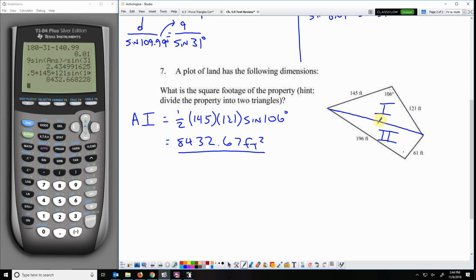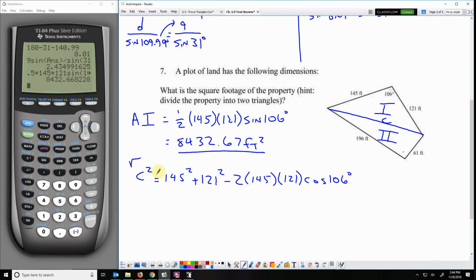Okay, so we'll call this C. I can do C squared equals 145 squared plus 121 squared minus 2 times 145 times 121 times cosine 106.